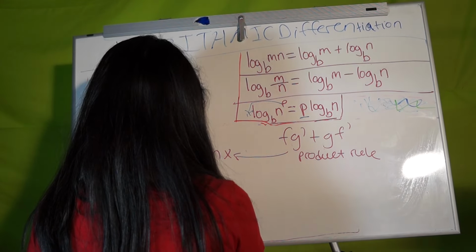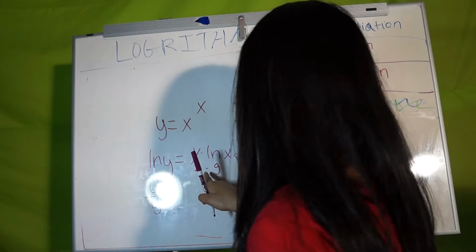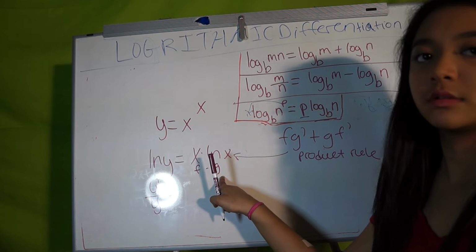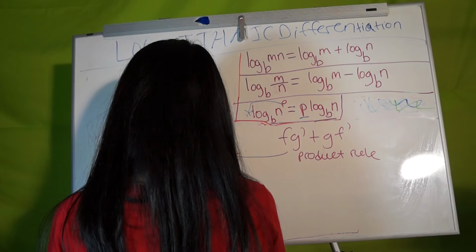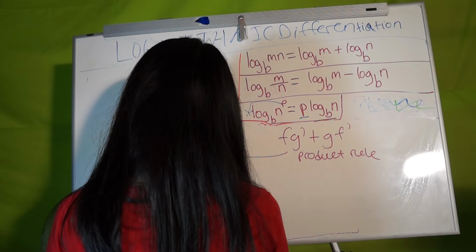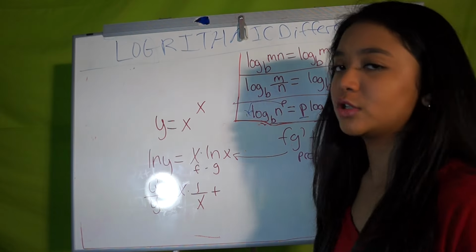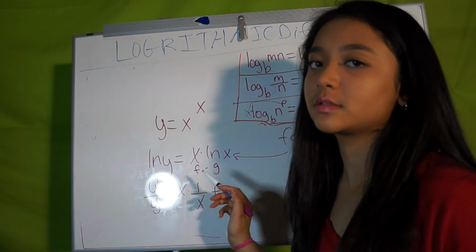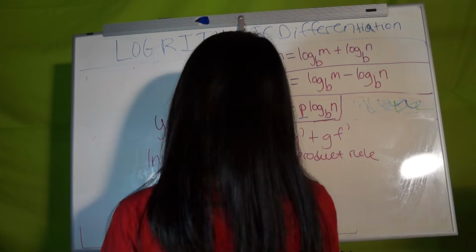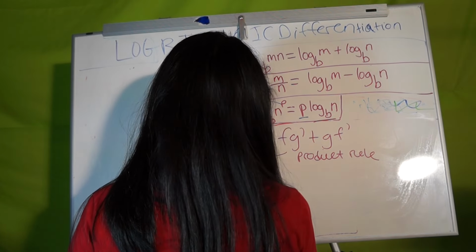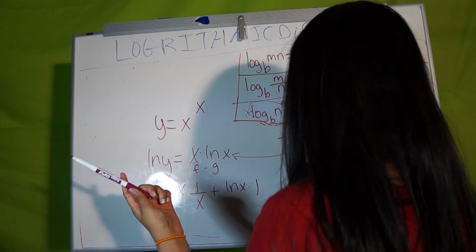So this is f and this is our g. So f times g prime, the derivative of g, which is ln x, which is x times 1 over x, plus g times f prime, which is ln x times the derivative of x, which is just 1, so ln x times 1.